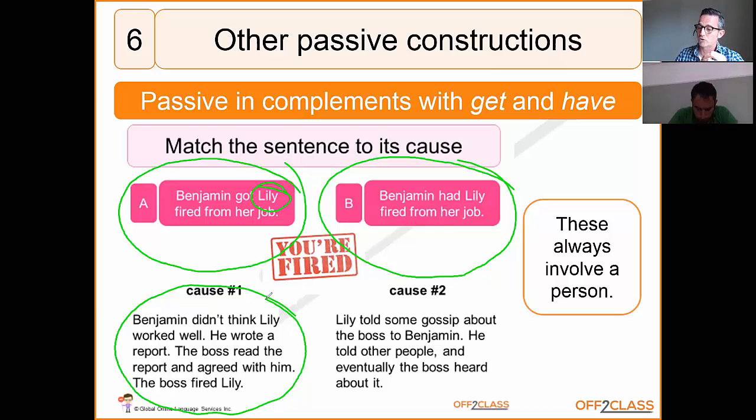You could also look at two sentences like person A had person B killed, or person A got person B killed, whether it was by accident or by mistake or something else. There was an active role taken by the subject.